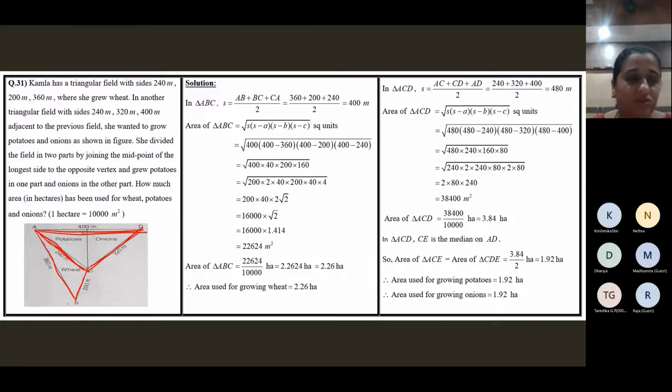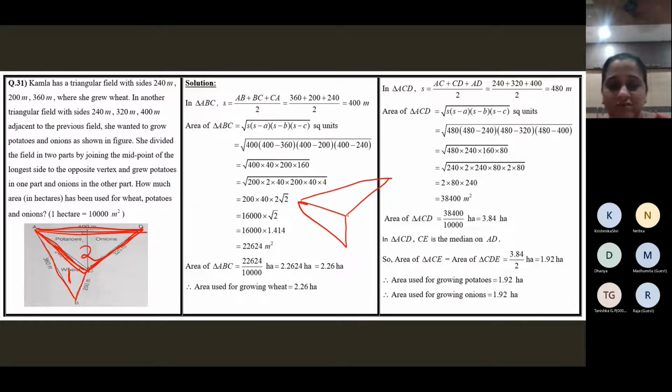Adjacent to the previous field. So this is the second field, and this is the first field. The second field is adjacent to the first field. We are talking about this full triangular portion. There is one like this, the first triangular portion, and the other one like this. We have not yet discussed this line segment which runs in the middle of this triangle.